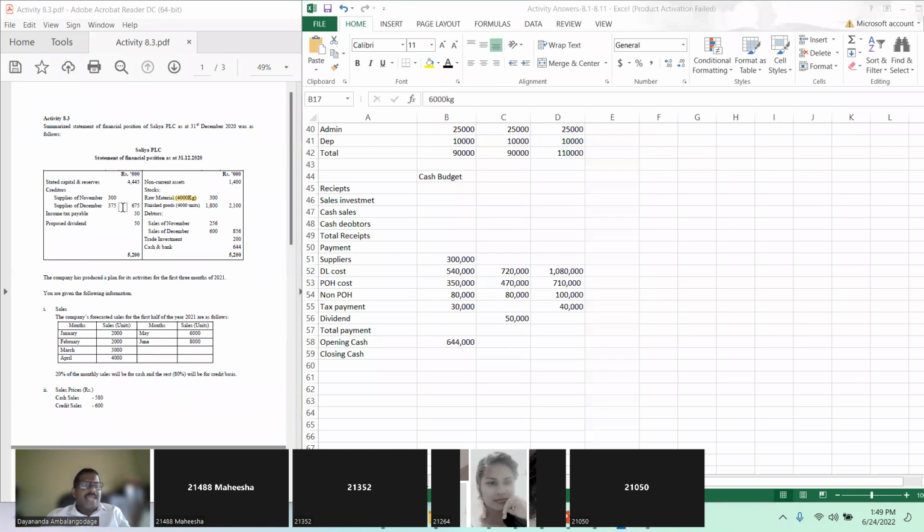We take November month and December month, so we are making the payment in the January month for the November purchases. Likewise, for the December purchases, we make the payment in February because we are taking 2 months, 75.